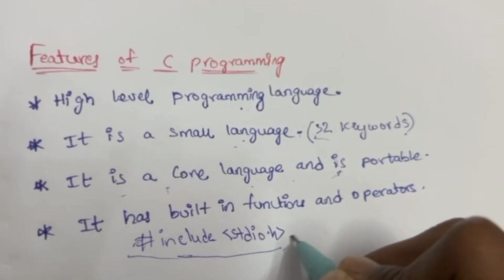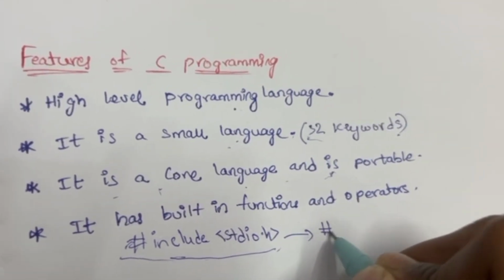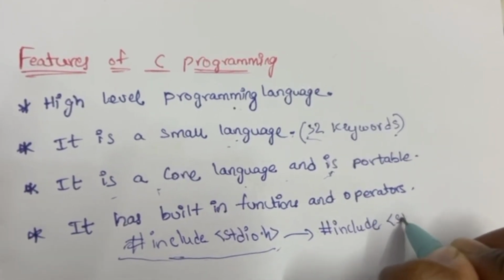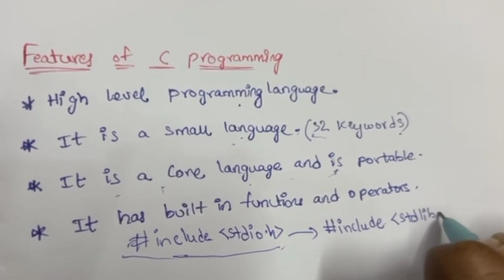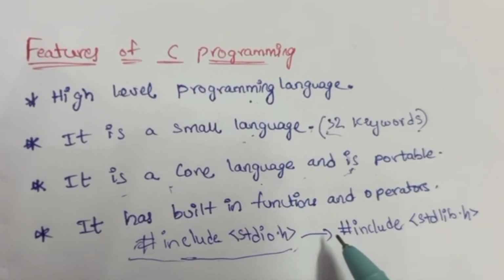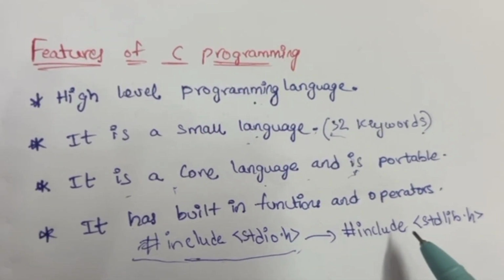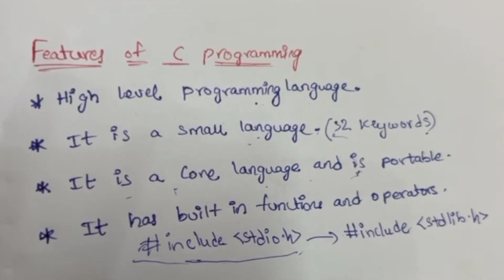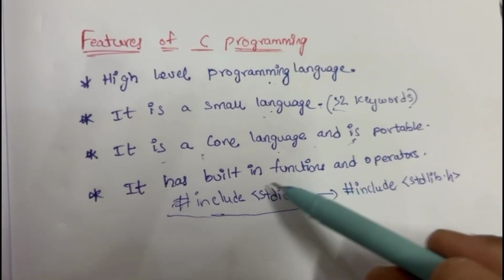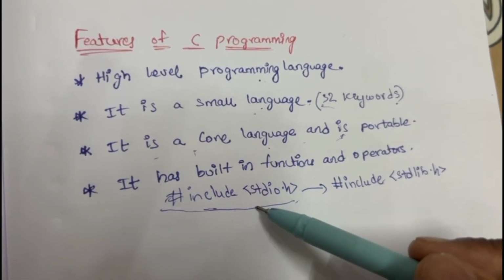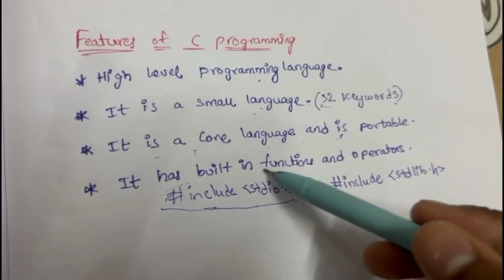In the same way, I will use my next header file as hash include stdlib.h, which means that I will be doing my function with standard library functions. So what are built-in functions? Built-in functions are functions that are already defined and present in the library. So this is called your library.